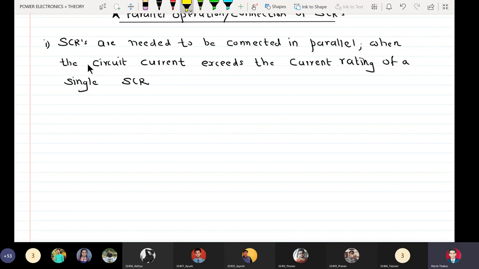Circuit current exceeds the current rating of a single SCR.